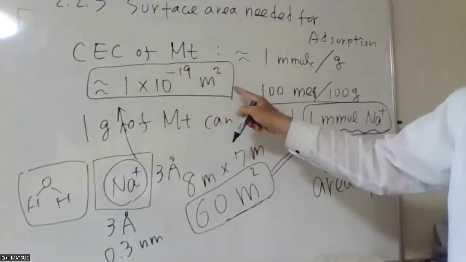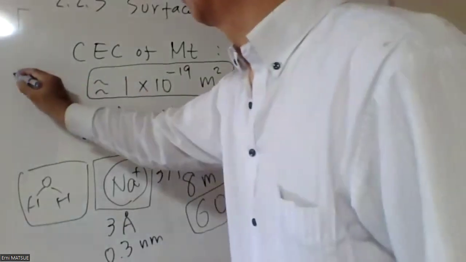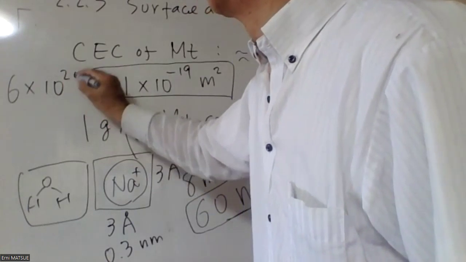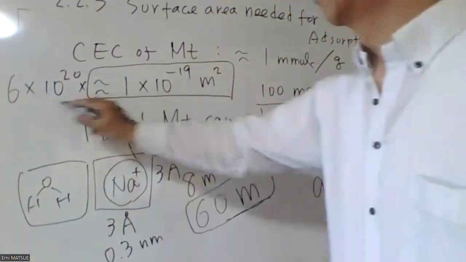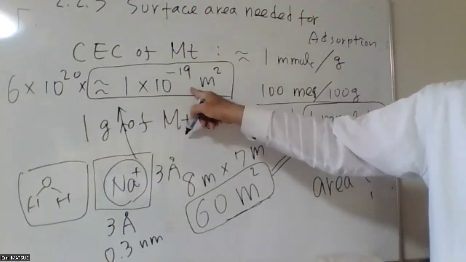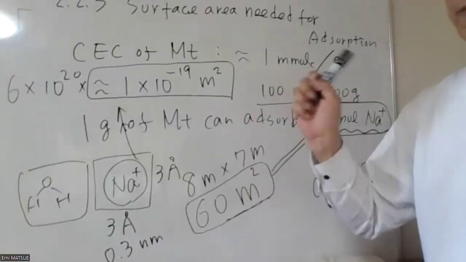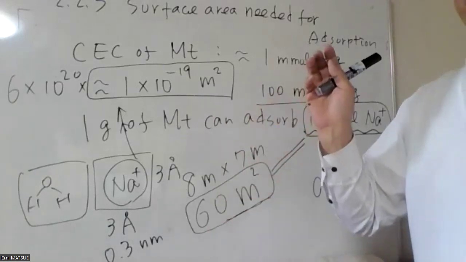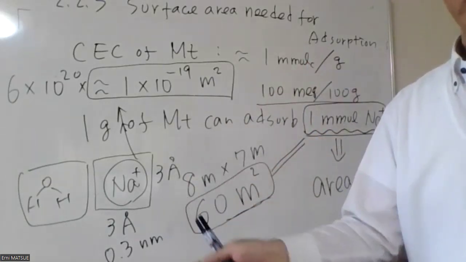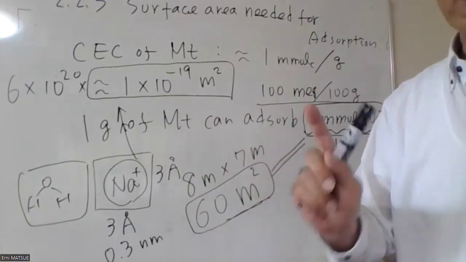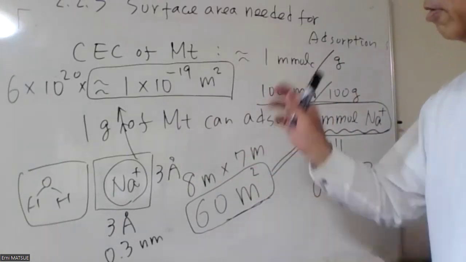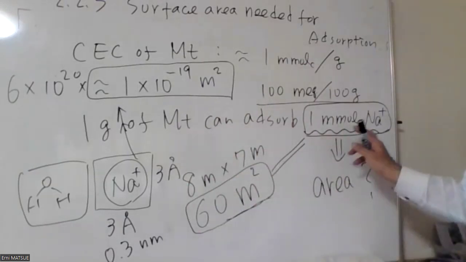One sodium ion occupies this area. Then it becomes 60. So actually, montmorillonite has a specific surface area of more than 100, 200, 300 square meters per 1 gram. Then montmorillonite can absorb 1 millimole of sodium.